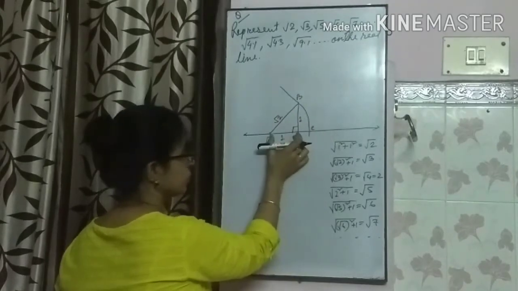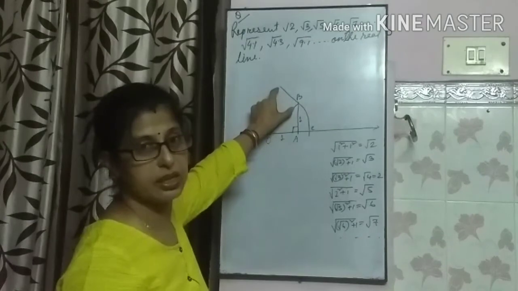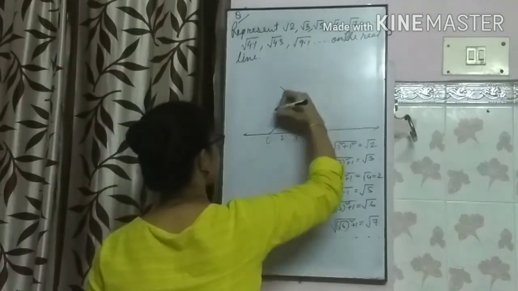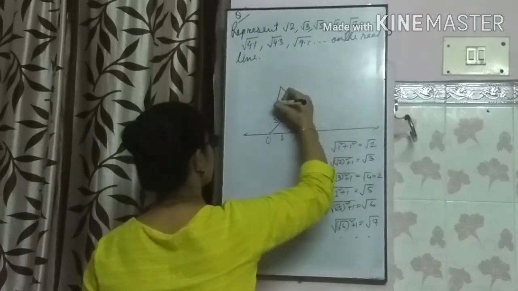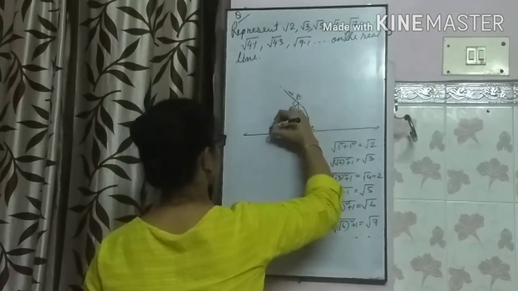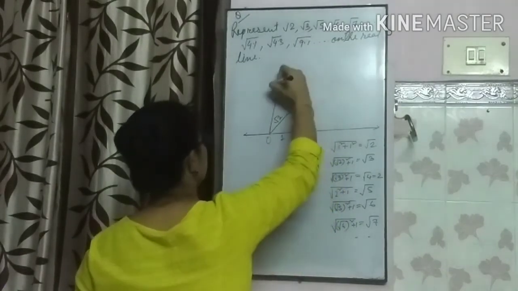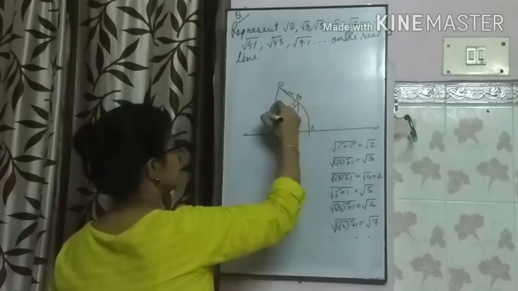How much measurement you took for 1 unit, the same measurement has to be taken here also as 1 unit. So it is 1. Now you join. This is 90 degree. C is already placed, so this is D.